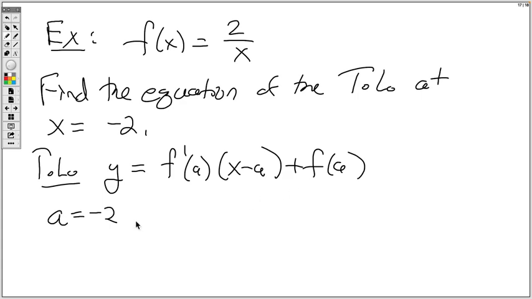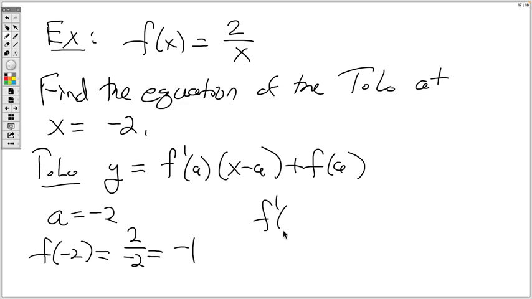Now we need to find f of -2, which is what? -1. And now we need to figure out f prime at -2. This is where we have to do our calculus, where we have to do our limit.